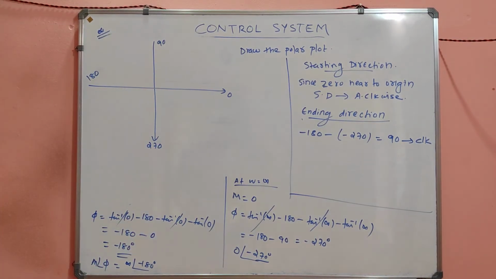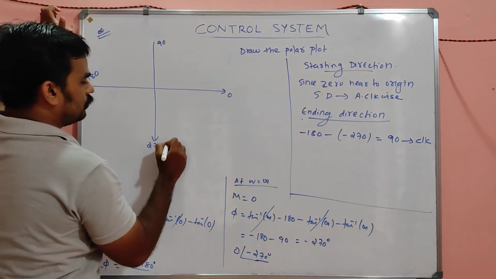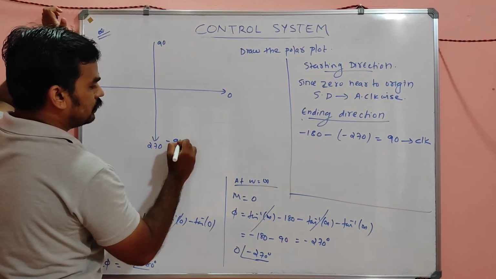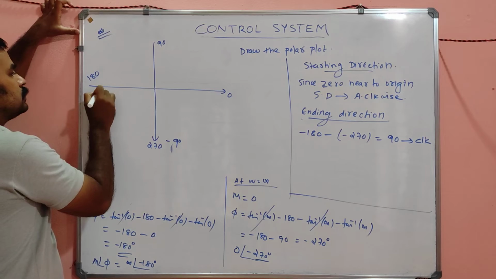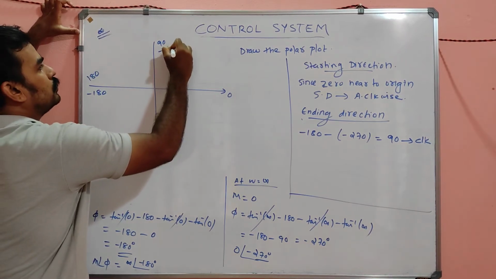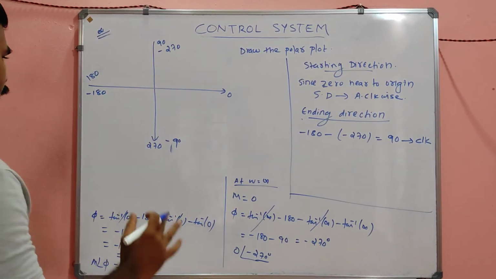And 0, minus 90, minus 180 and minus 270. So this is the angle axis, my dear.